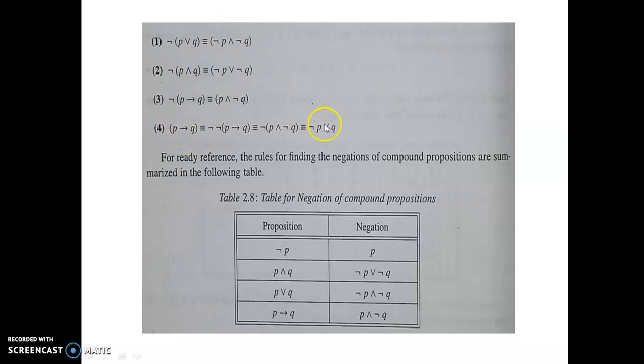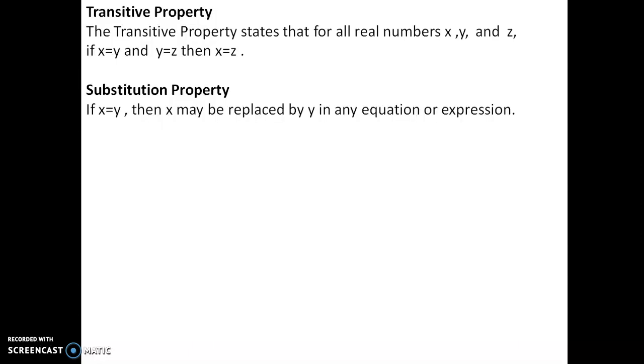P conditional q is similar to writing it as negation of p or q, or sometimes you even need to write p and negation of q, enclosing the brackets, or else you can directly write it as negation of p or q. This needs to be kept in mind while solving equations, and it helps you in proving certain theorems and solving many problems.